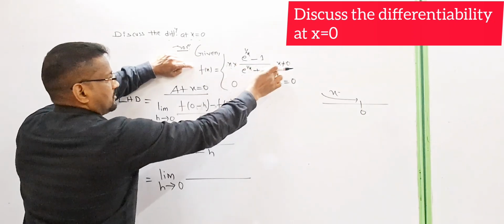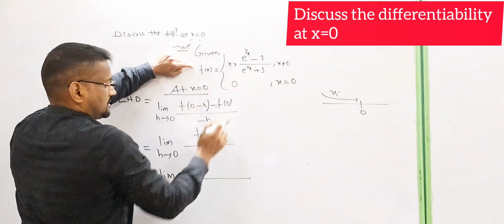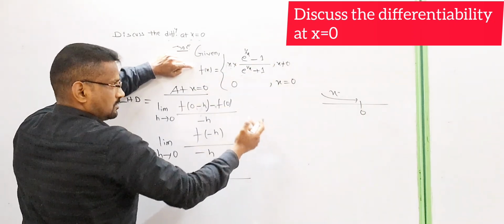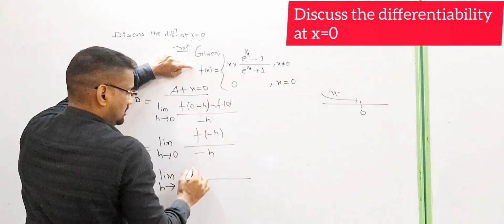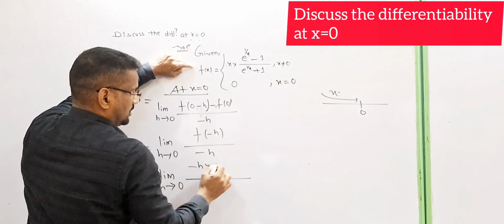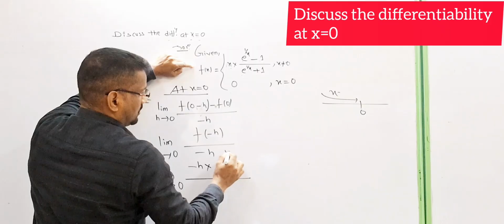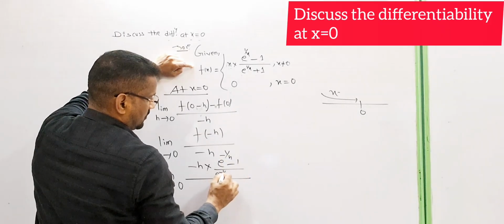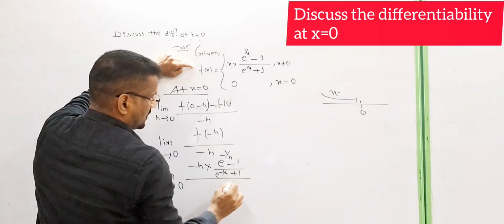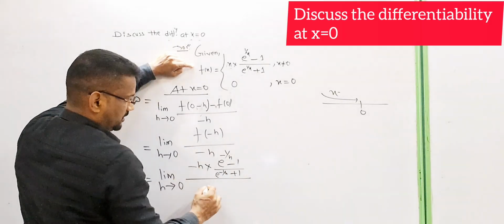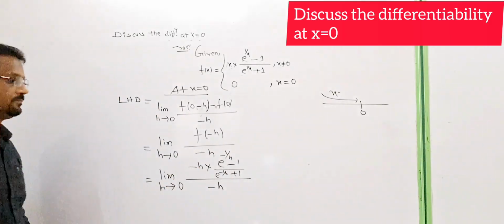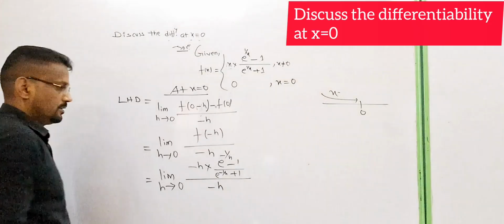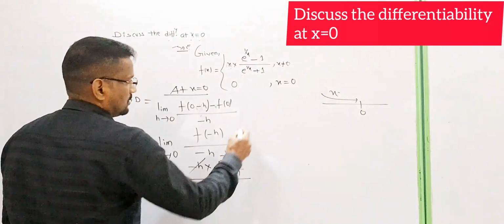By this definition, when x not equal to 0, f(x) takes this value, so h not equal to 0, so f of negative h will be negative h into e to the power negative 1 by h minus 1 by e to the power negative 1 by h plus 1, whole thing divided by negative h. Clear? Now these two will be cancelled out.